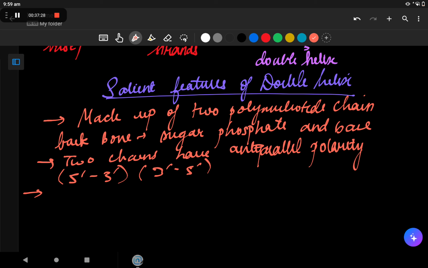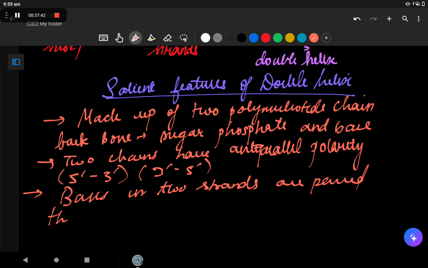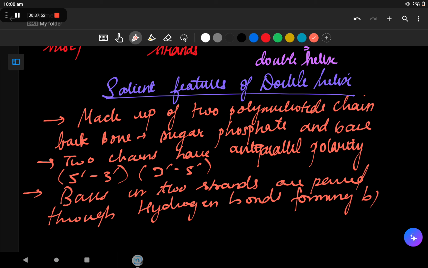So the bases in two strands are paired through hydrogen bond forming base pair. Okay, a purine always comes opposite to the pyrimidine.